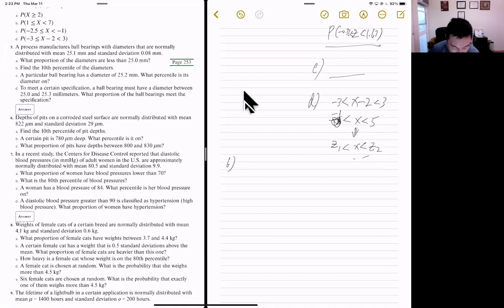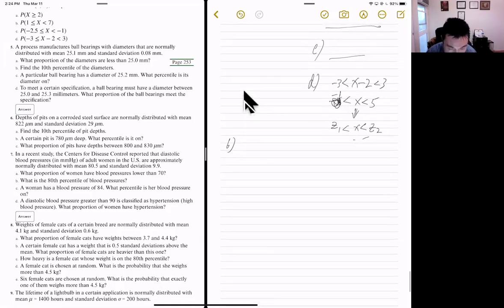First part is find the 10th percentile of pit depths. So again, we're going to use the Z table. For the 10th percentile of pit depths, from this information and the Z table, we can find out the Z score for that.